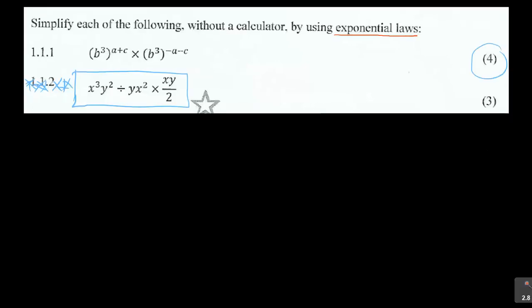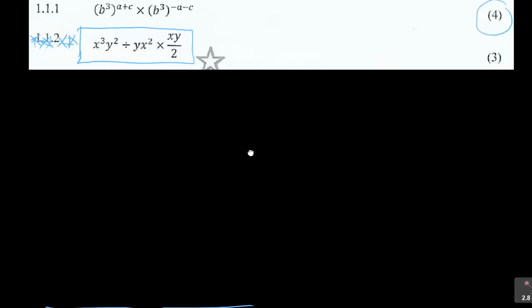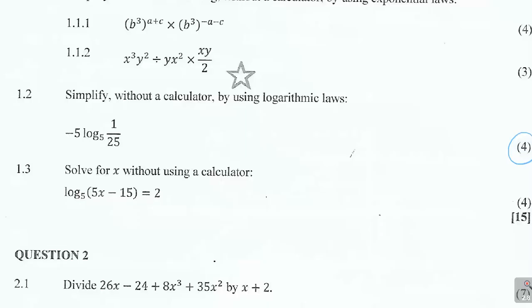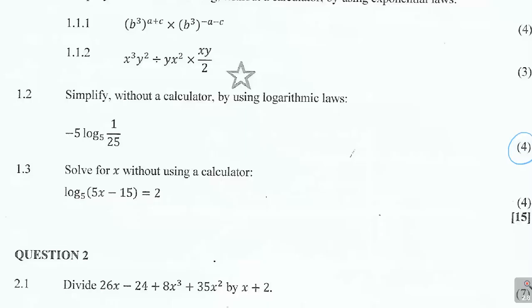So if I can write it down, let's forget about that now, and say what we're given is minus 5 log base 5 of 1 over 25. Let's just cross check if everything is fine.